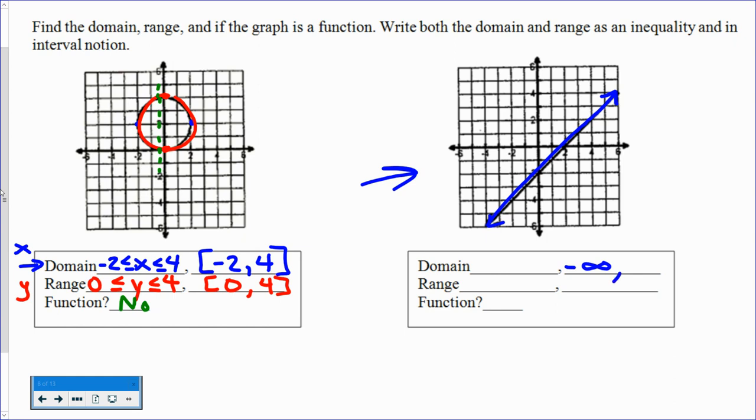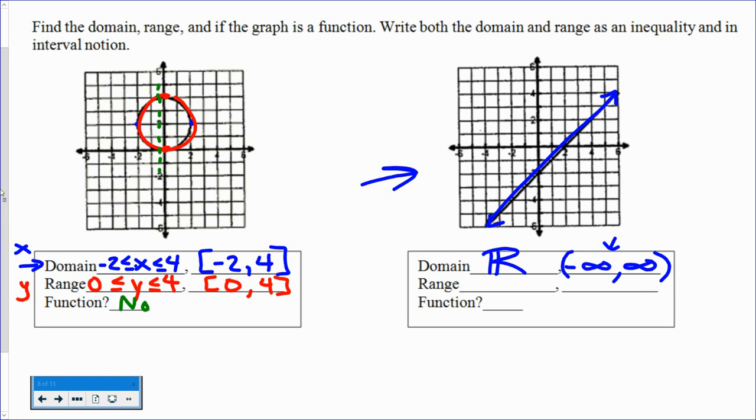The farthest right it goes is towards positive infinity. Both need to be parentheses since we can't reach infinity. And my domain then, the other way to write that would be all real numbers, is what we've used in the past. So we're not going to write them as inequalities. It's either all real numbers or that's the interval notation way to write all real numbers.